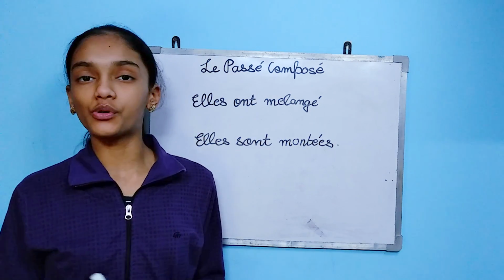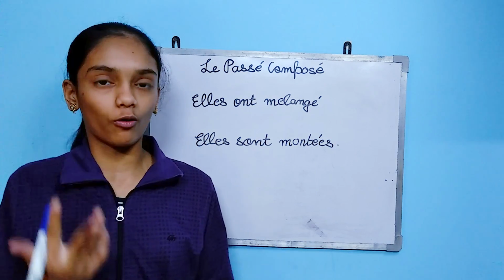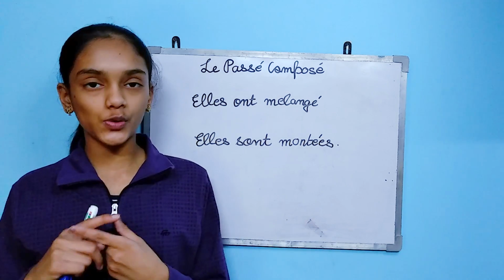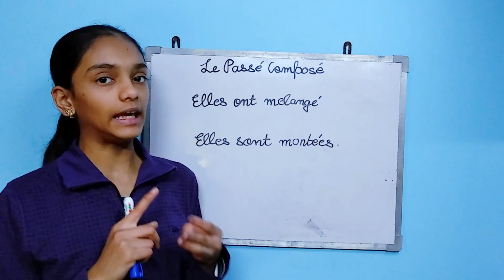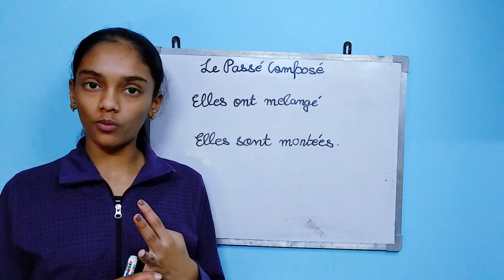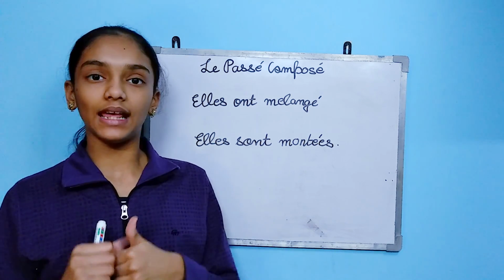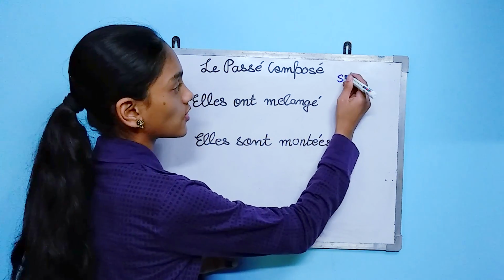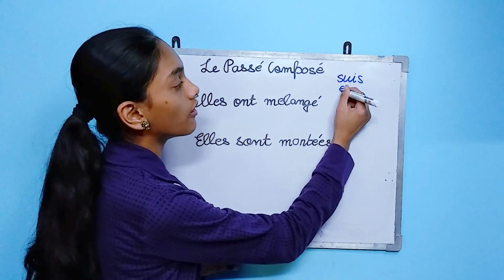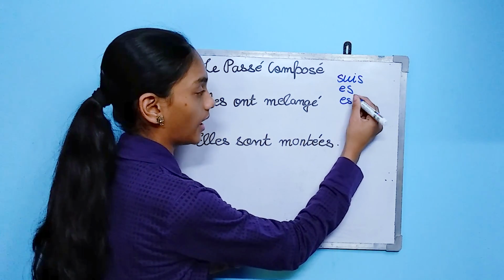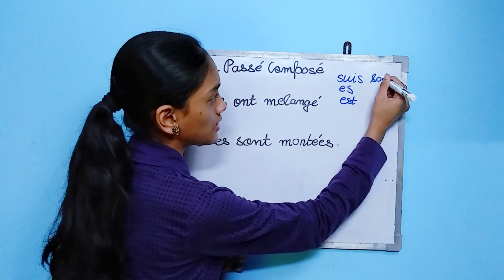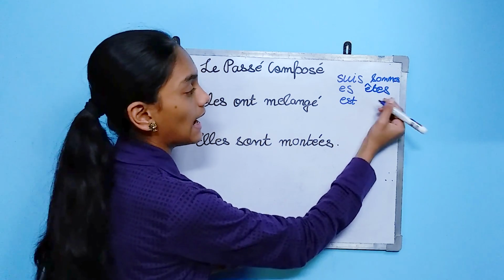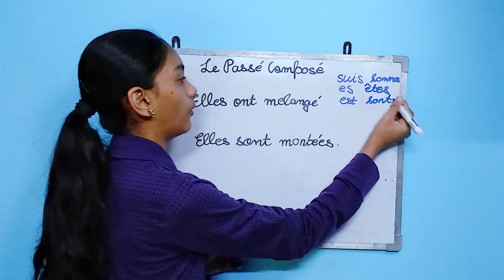Now to do passé composé with être, you of course need to know the conjugation of être. So let's quickly revise it. It's je suis, tu es, il, elle est, nous sommes, vous êtes, and ils, elles sont.